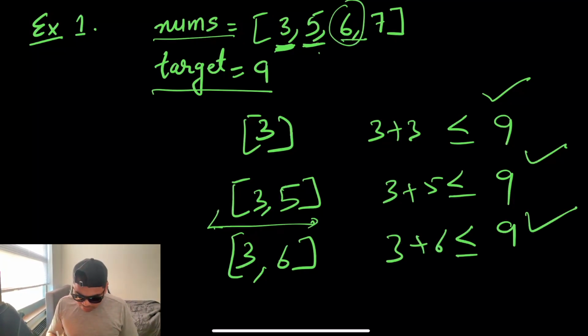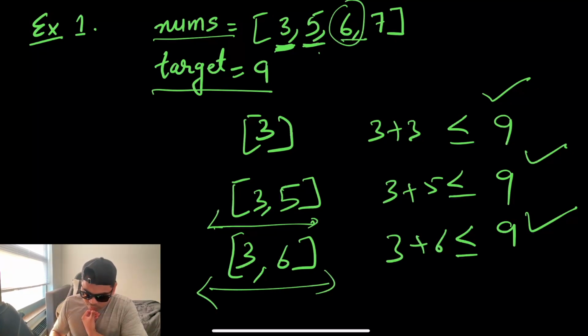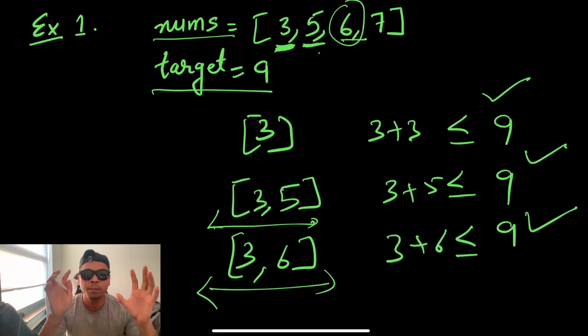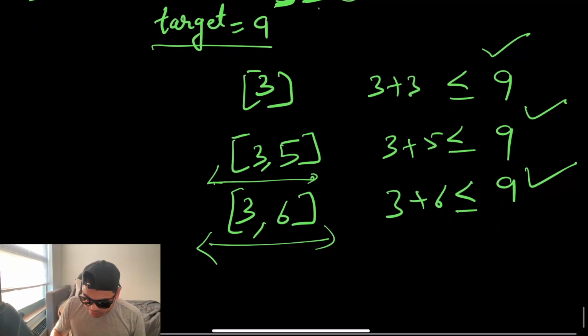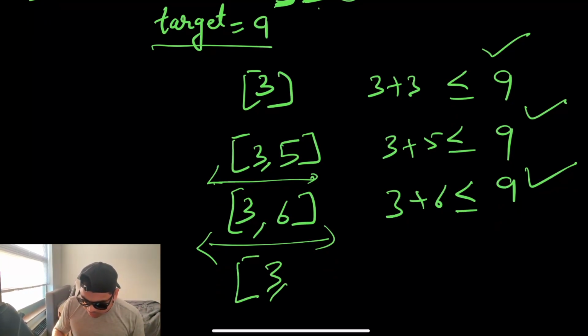But here is the thing. Since we were talking about choosing subsequences, what if we pick the minimum and maximum values, but there are some other values that exist between those? What I mean is, we choose 3 and 6 again as minimum and maximum, but in between we take the 5.